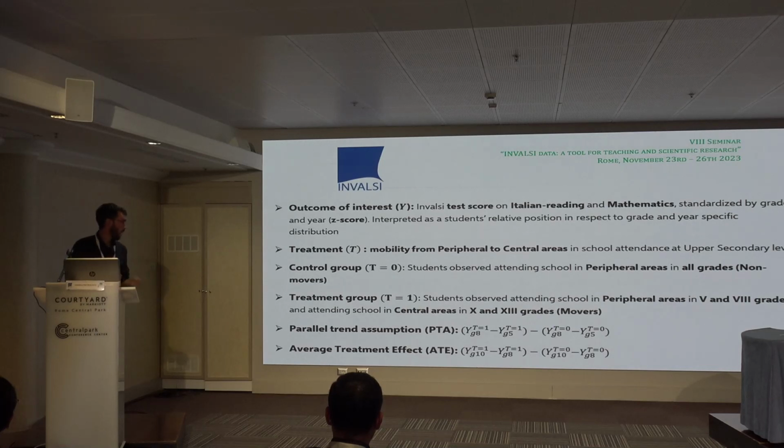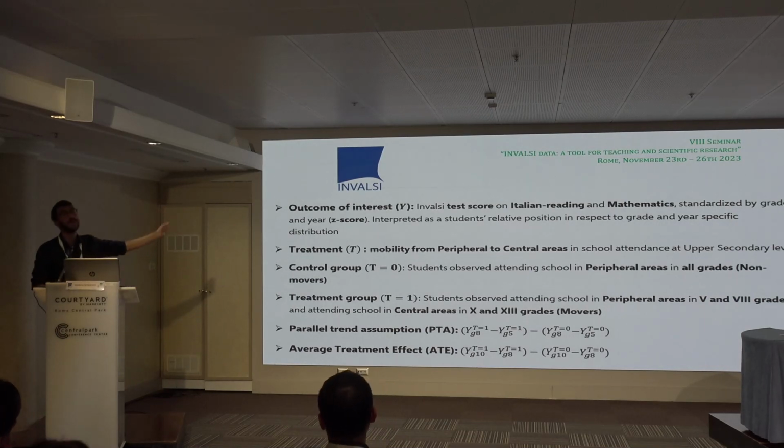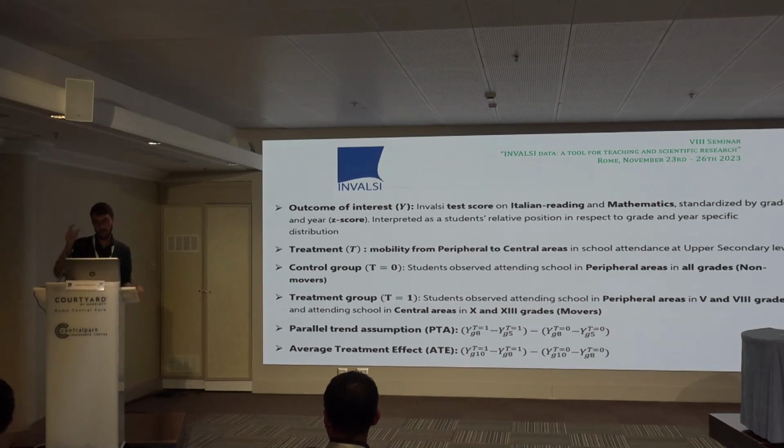In this context, it's important to account for the parallel trend assumption, so to see that before the treatment, the trends of both groups are parallel, meaning that the underlying effect is the same in both groups before the treatment, before moving. Then we compute the average treatment effect by subtracting the difference in grades in 10th grade between the two groups minus the same difference before the treatment, so in 8th grade.